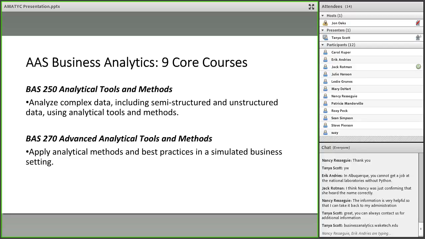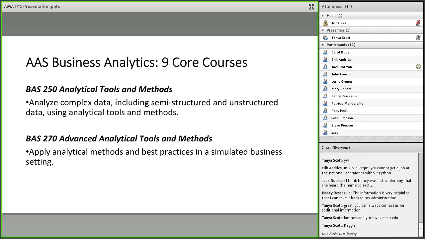Our students also participate in Kaggle competitions. That is actually incorporated right away in 120, where we introduce them to what Kaggle is. It's a data science competition website, and we encourage students to go into that website. We have a couple of class projects designed to work with that data.